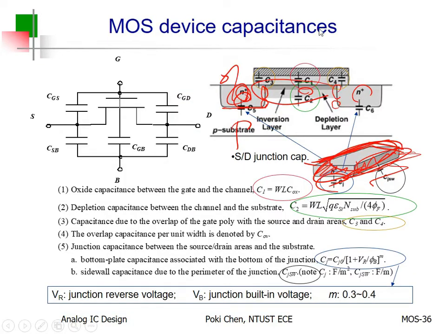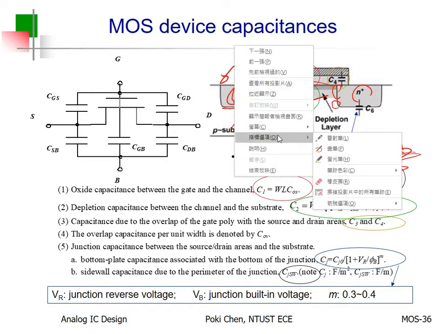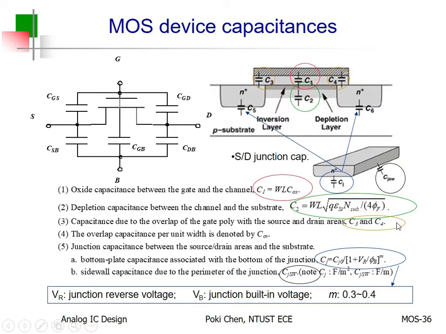Again, I told you already, MOSFET is some kind of parasitic capacitive device. Without capacitance, it doesn't work. We are talking about the capacitance above the channel, the silicon dioxide, and then the gate.